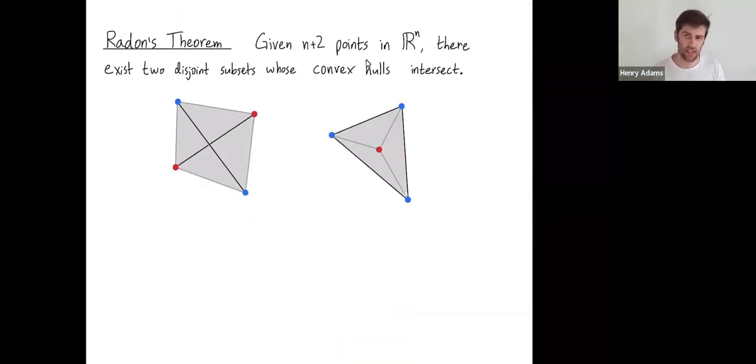You should think of this as mapping a tetrahedron into the plane. A tetrahedron has 4 vertices, and if you draw it in the plane, you draw it in one of these two ways. No matter how you map a tetrahedron to the plane, you always have 2 disjoint faces of the tetrahedron that intersect once it's been mapped to the plane.